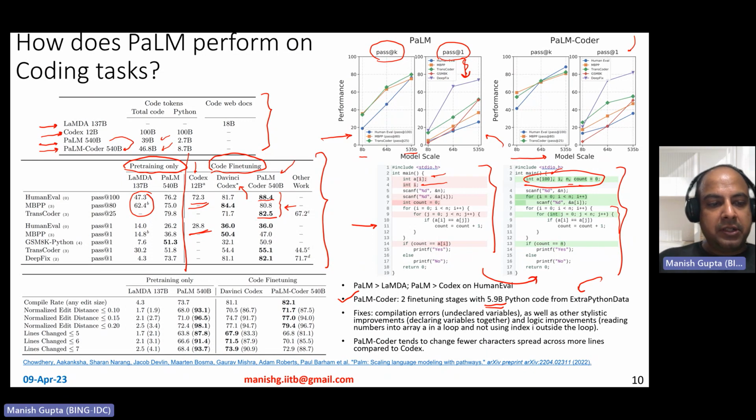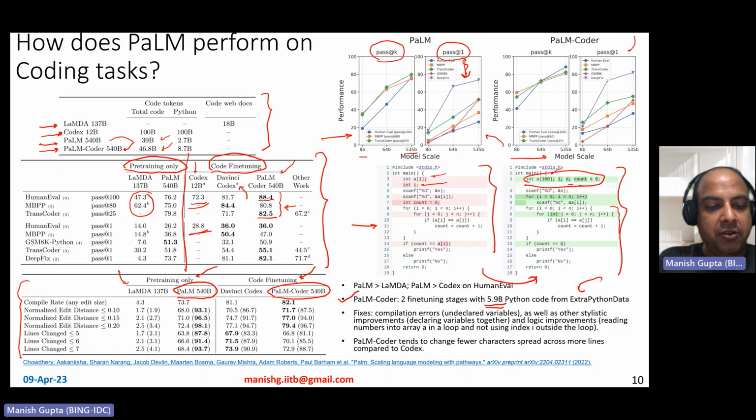So now let's talk about other details about this code repair. In code repair, you're comparing pre-training only and code fine-tuning. Essentially, pre-training only contains PaLM 540 billion compared with LaMDA, and code fine-tuning consists of PaLM coder compared with the DaVinci Codex model. So what do we observe?